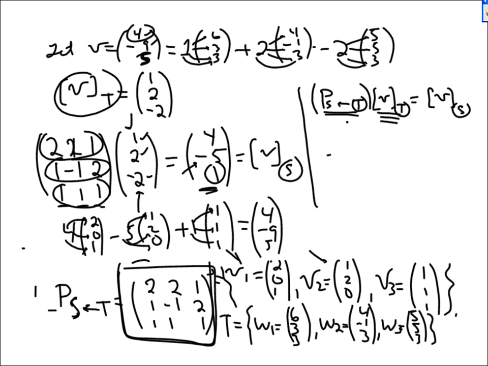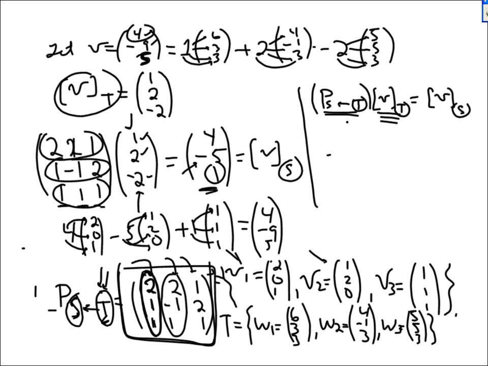Okay, where do I get these vectors from? I take the basis vectors in t, and I write the coordinates for those vectors with respect to basis s. W1 was the first vector in t. I wrote that vector as a linear combination of the vectors in s, and these are the coordinates. And I did the same for the second vector in t.